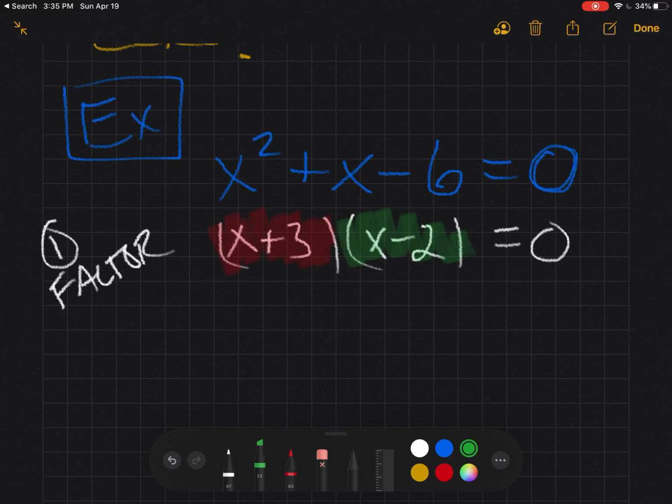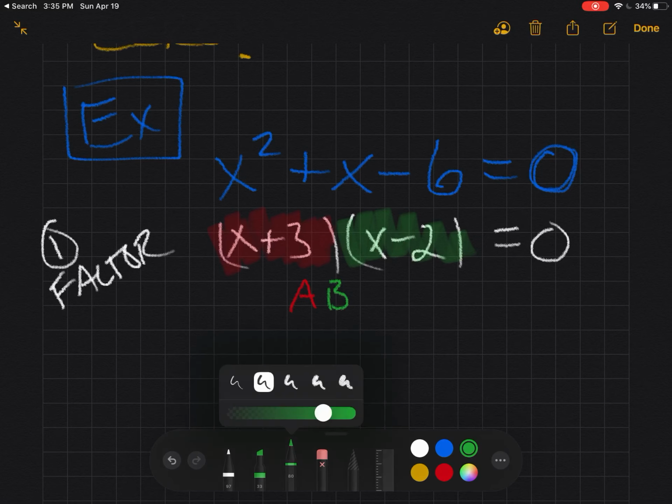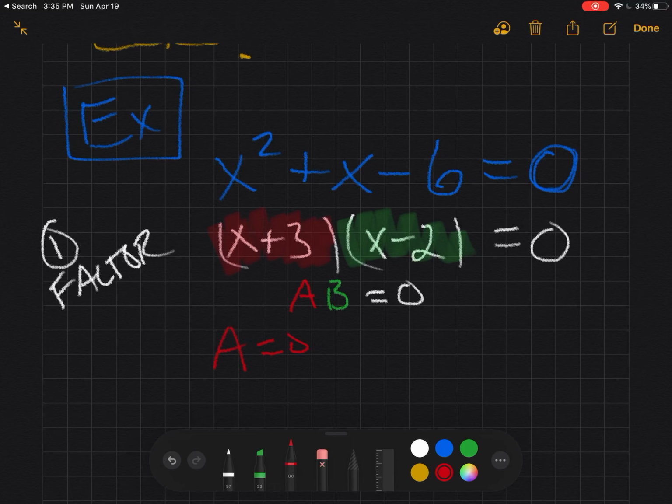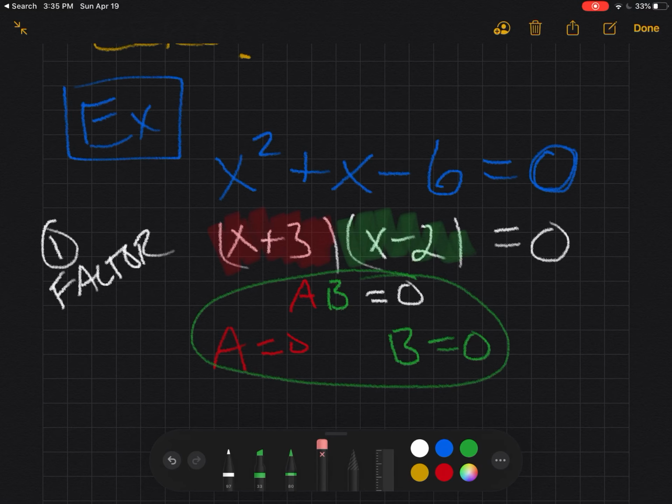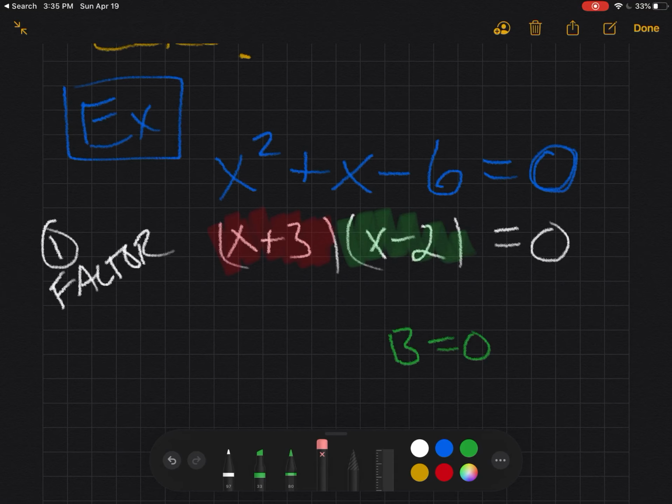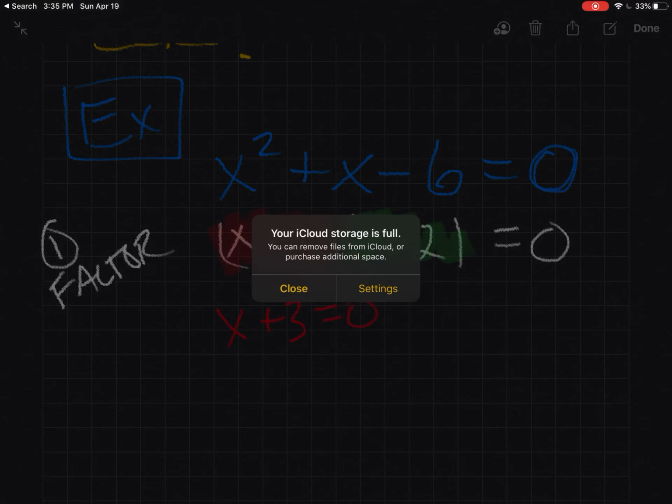And now what I have is the product of two things. If I take x plus 3 and I multiply it by x minus 2, I get 0. So if I have a number a and I multiply it by a number b, and my answer is 0, then that means that either a is 0 or b is 0.